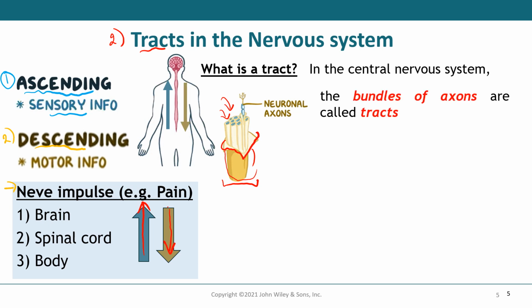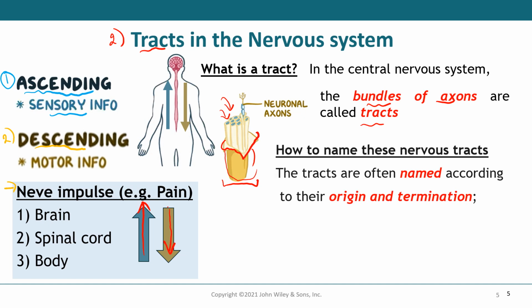A track in the central nervous system, and we will talk in more detail later, is a bundle of axons, and those are called tracts. And how do we name them? Pretty easy. We name them according to their origination and termination. Let me give you an example.